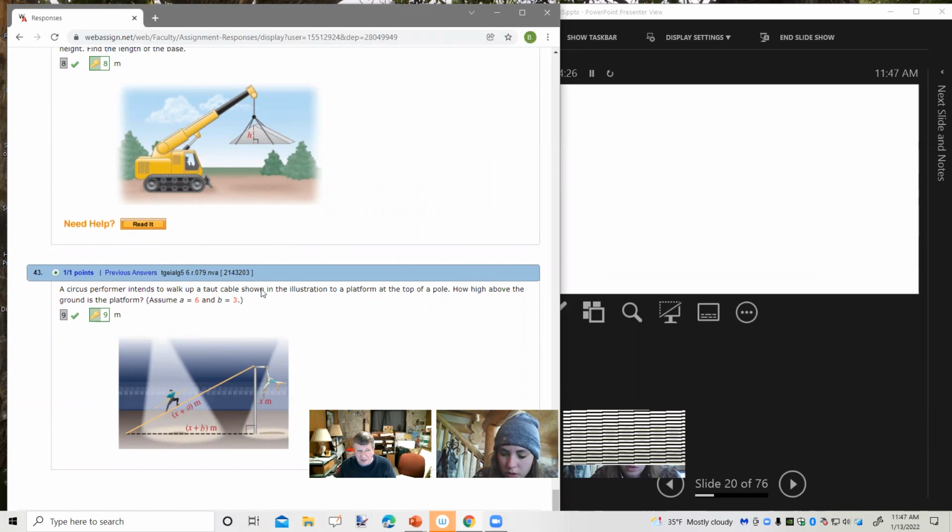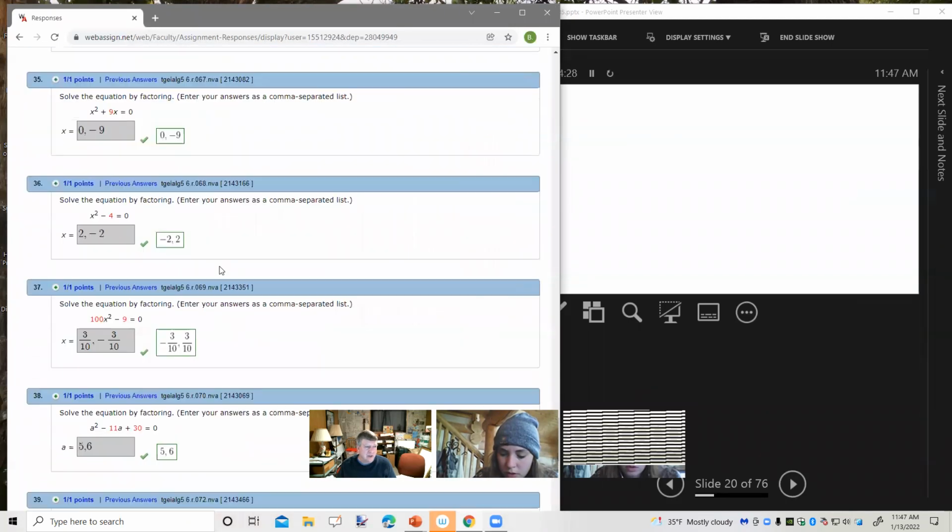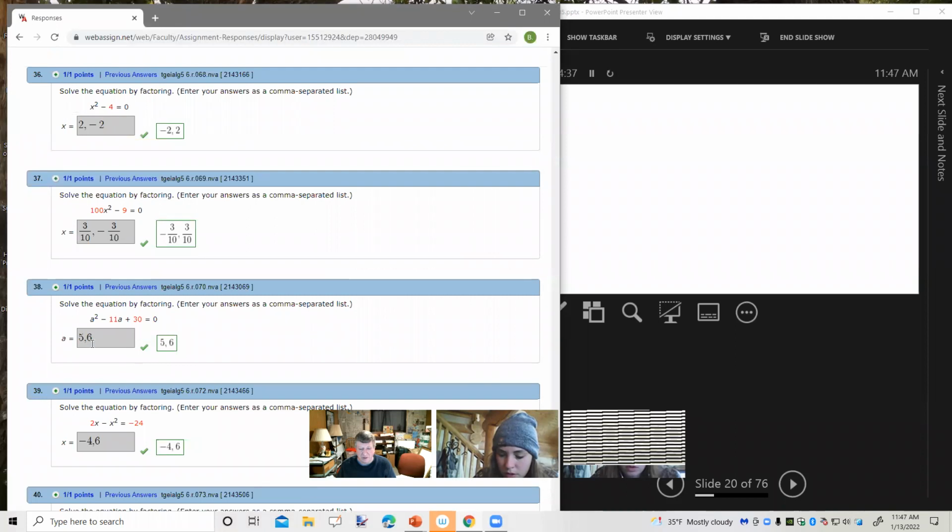But that's just in an application problem. In just a regular problem where you're solving, here you've got a positive and a negative answer. Same with this. Here you've got 2 positive answers. So don't throw out an answer unless it's not appropriate for the given situation, okay? Anyway, that's my advice to y'all.